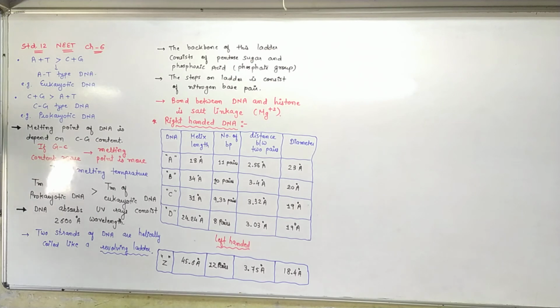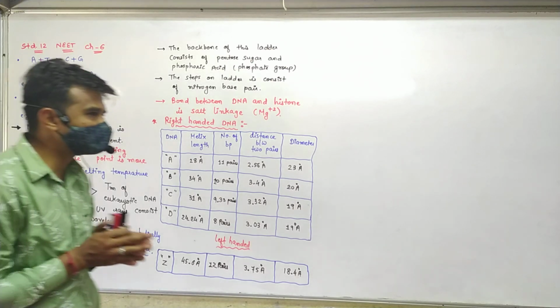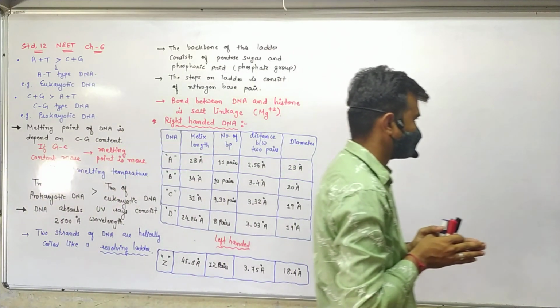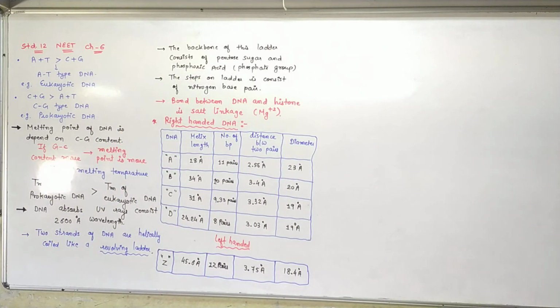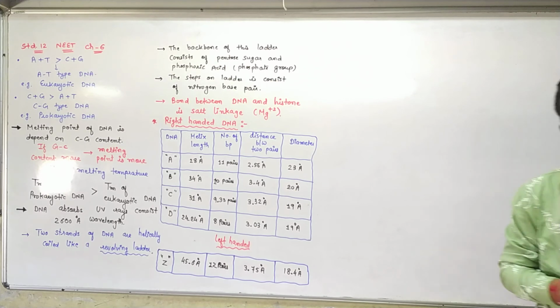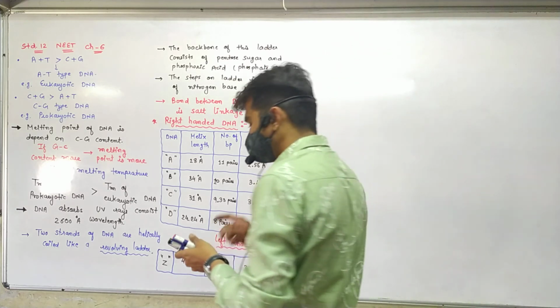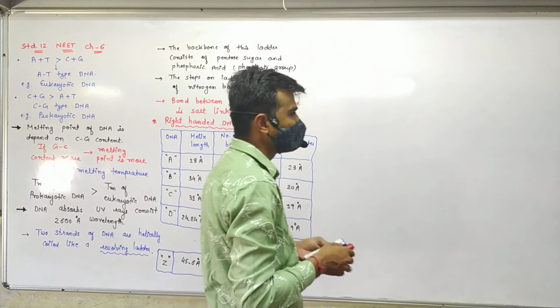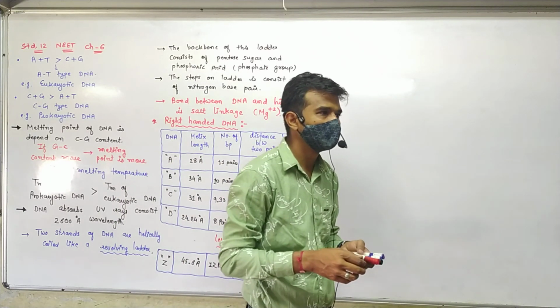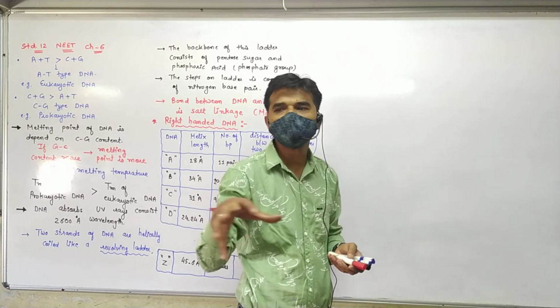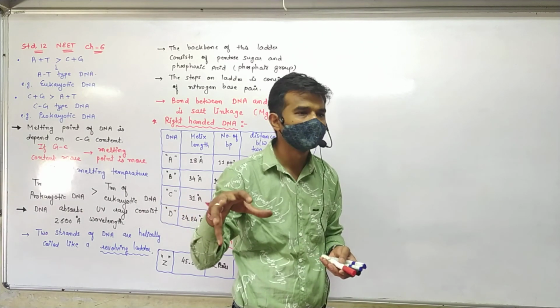In prokaryotic cells, the genetic material is present in the form of nucleoid. But in eukaryotic cells, how many histone proteins are there?